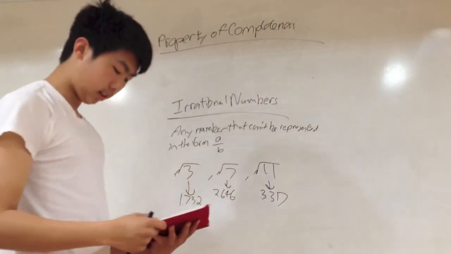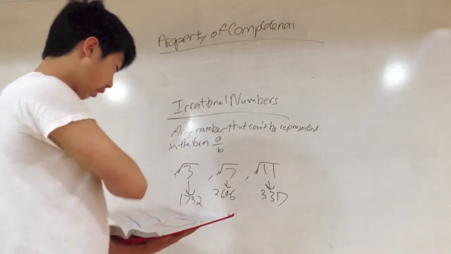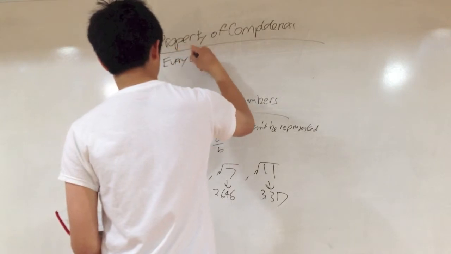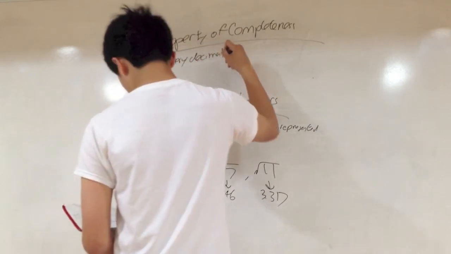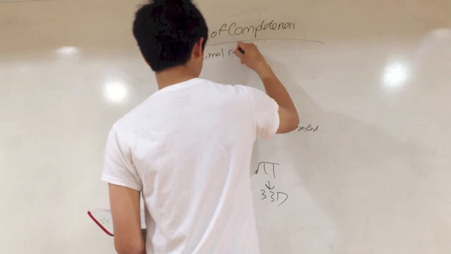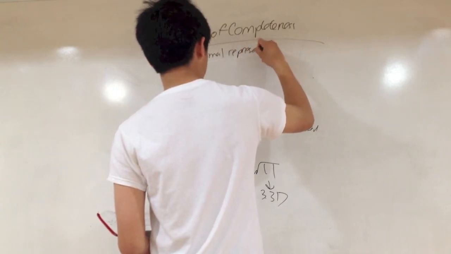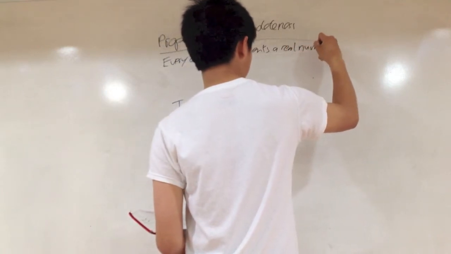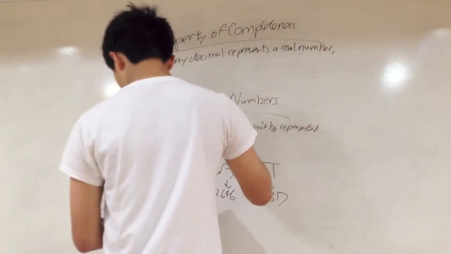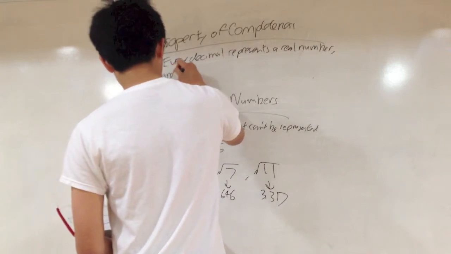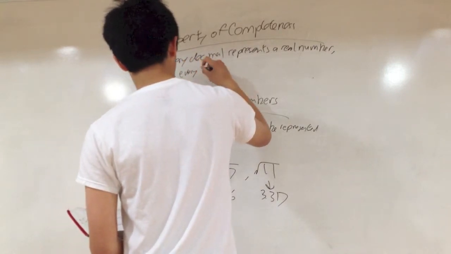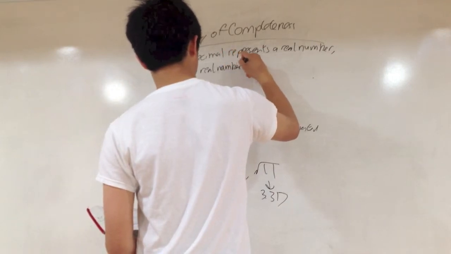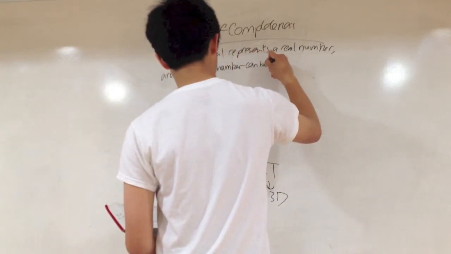And what the property of completeness says is that every decimal represents a real number, and every real number can be represented as a decimal.